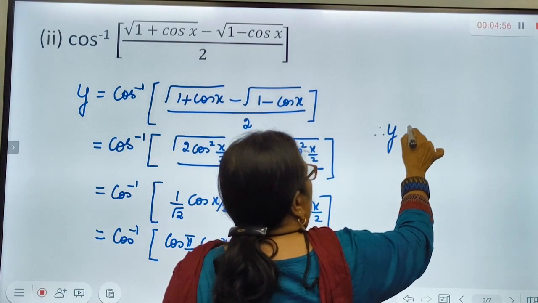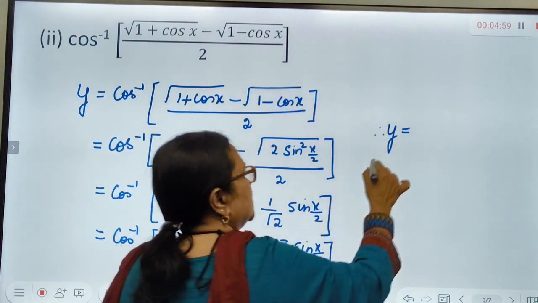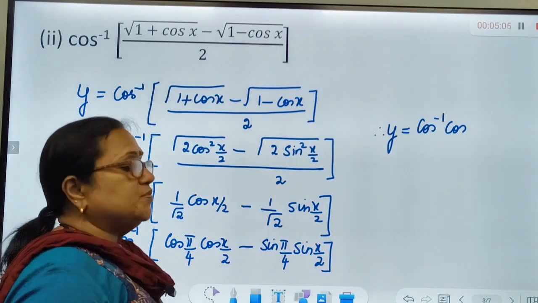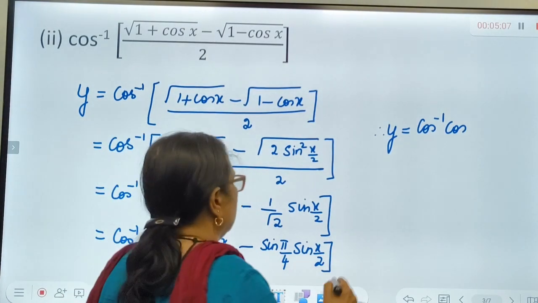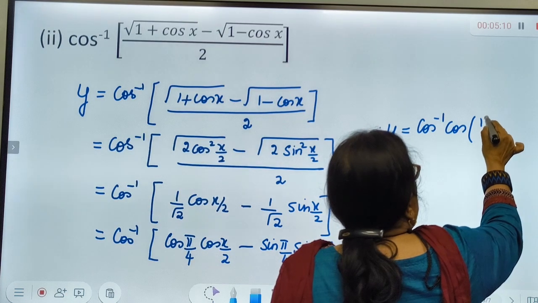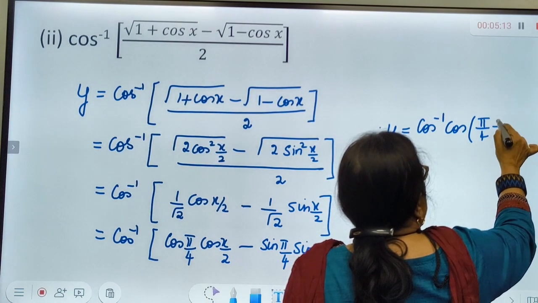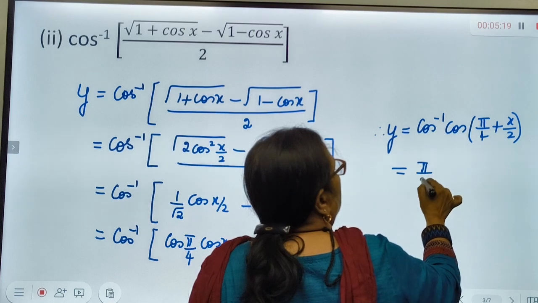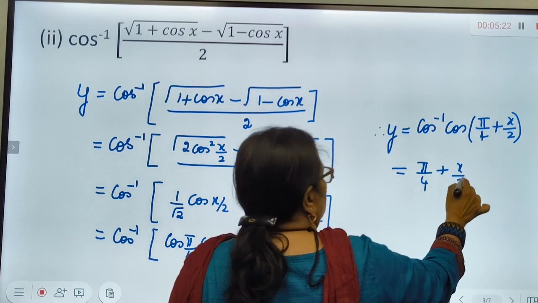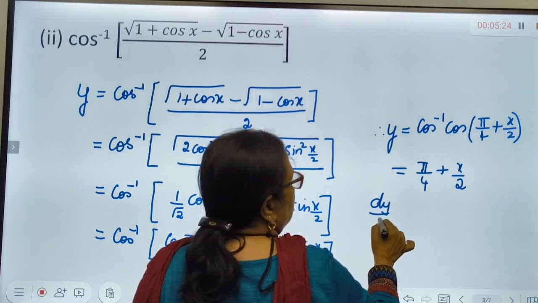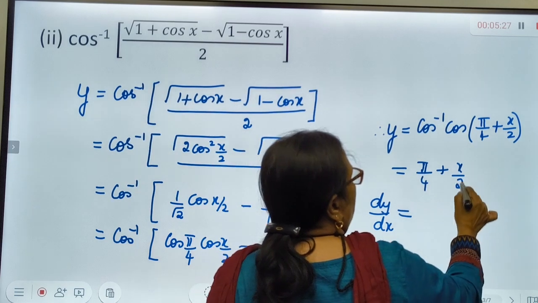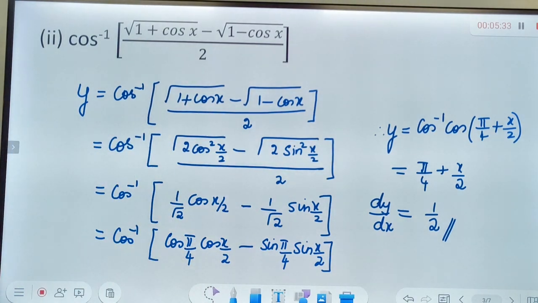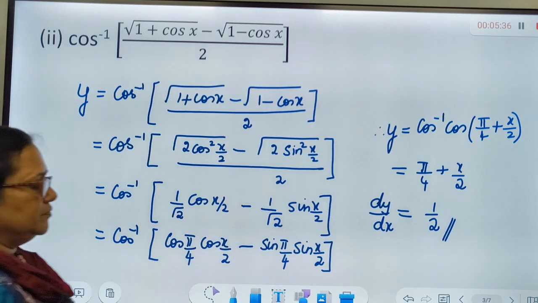Therefore, y equal to cos inverse of cos A cos B minus sin A sin B, which is cos of A plus B. So cos of pi by 4 plus x by 2. This is equal to pi by 4 plus x by 2. So dy by dx, derivative of pi by 4 is 0, derivative of x by 2 is half. So I have simplified the function and then differentiated.